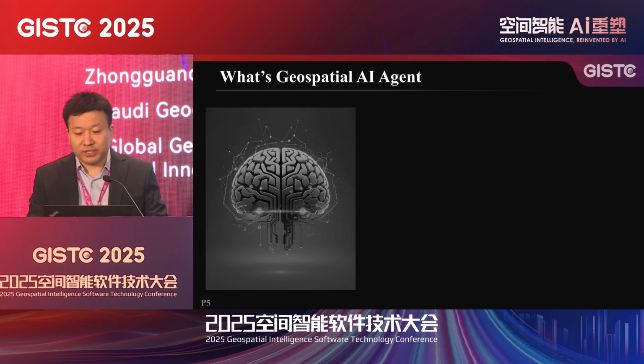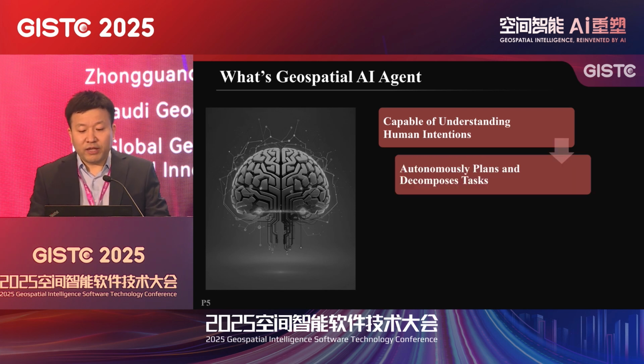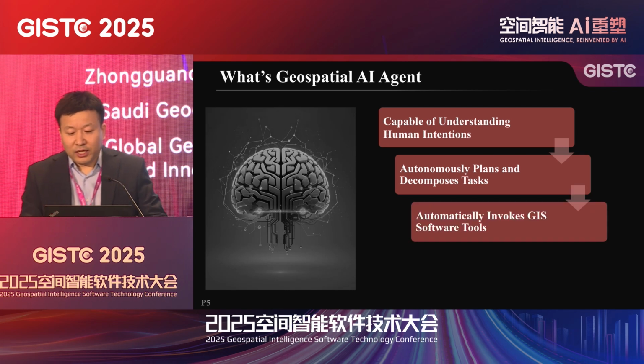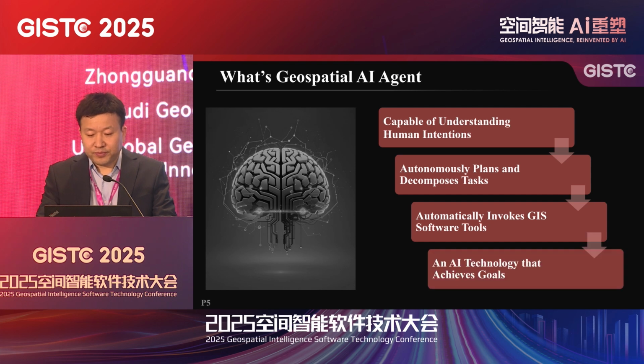There are 4 steps. First is human intent understanding. Then it will do autonomous task planning and decomposition. Then it will automatically dispatch tools and do goal-driven execution.